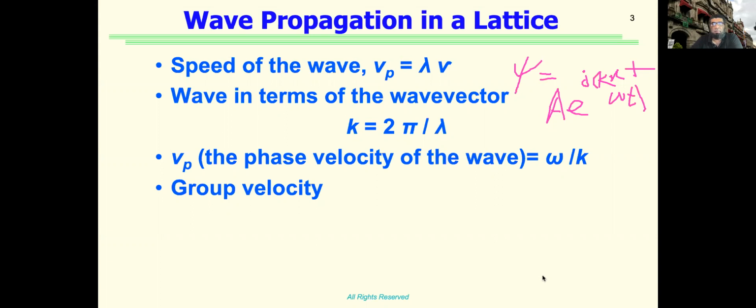Now j is the imaginary part here. The presence of k in the exponential tells us that this is the plane wave written in the form of a wave vector k, and that's what we'll talk about when we talk about particles and their movements.